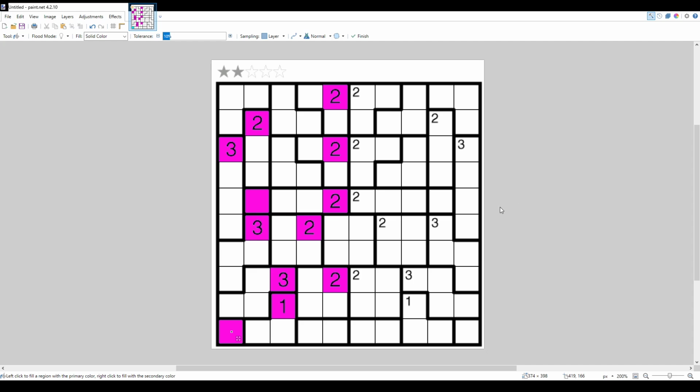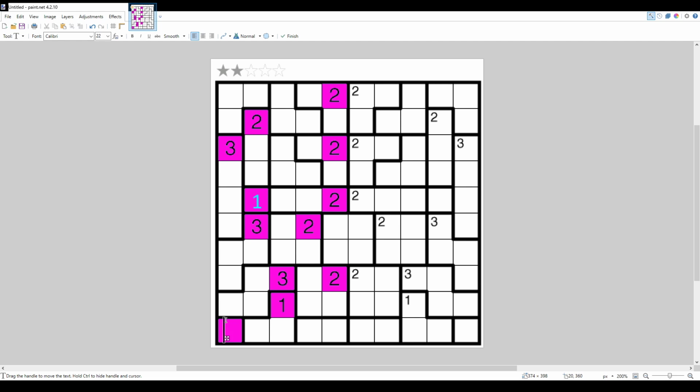There we go. So now if I type a 1, there we go, that's better. Oh, it's not a 2, that's a 1. These cells down here are going to end up being not cells that have a number in it because we already have a 1 in that region.